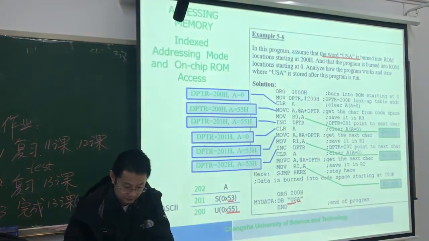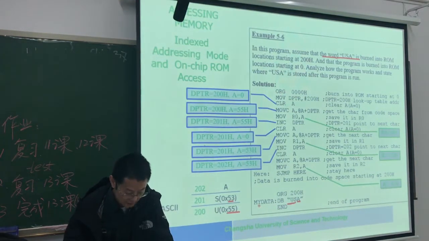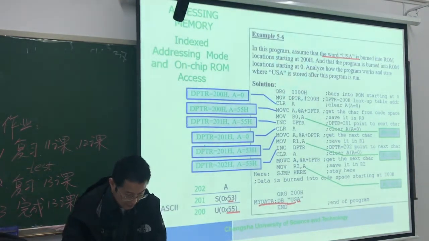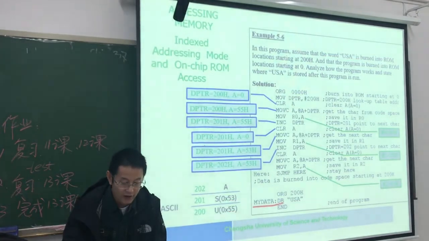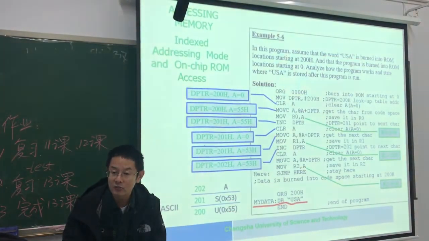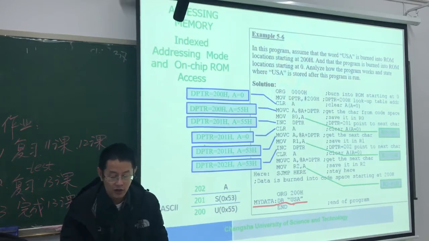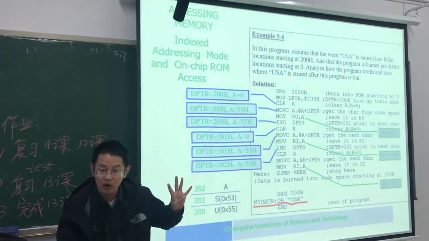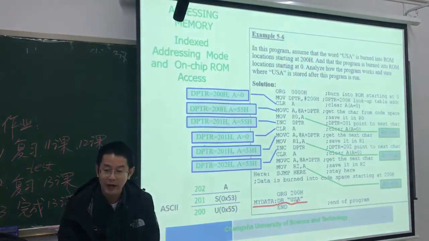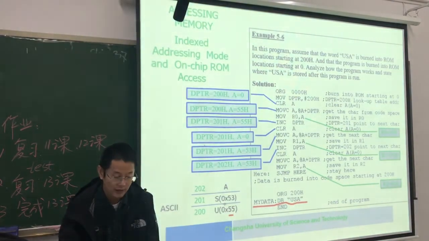So here we define a table. There are three numbers in your table: USA. U means 55H, S 53H, A 41H.